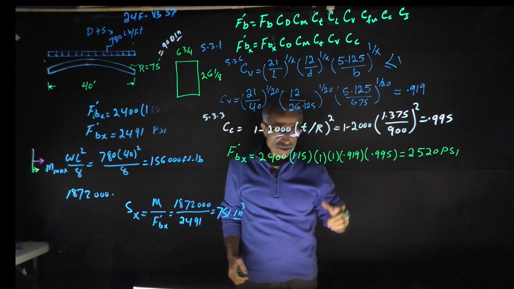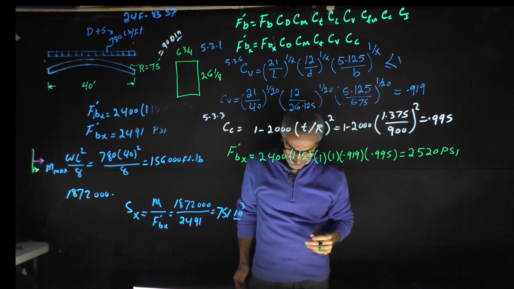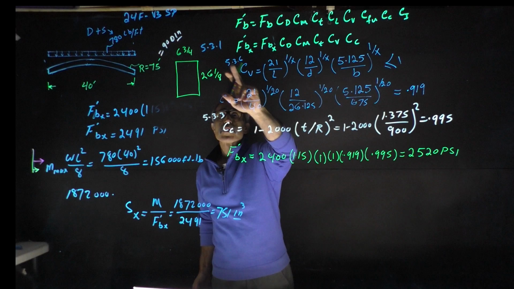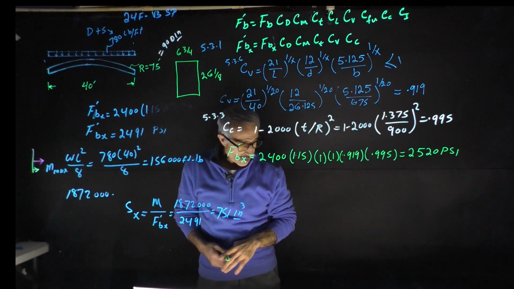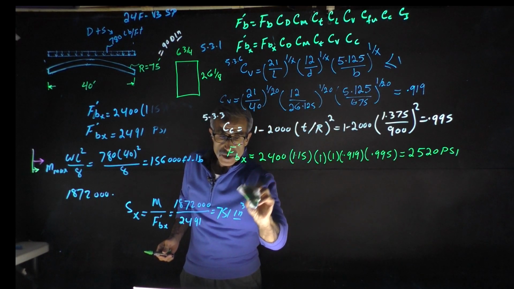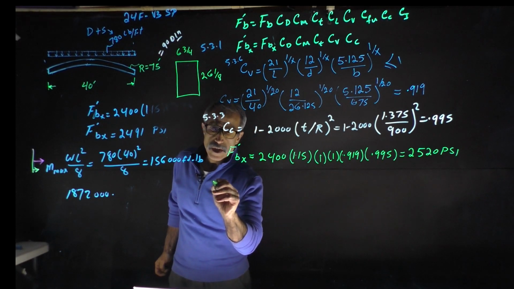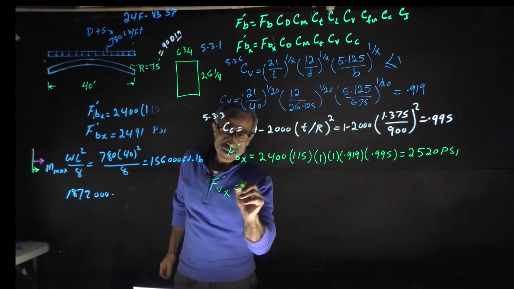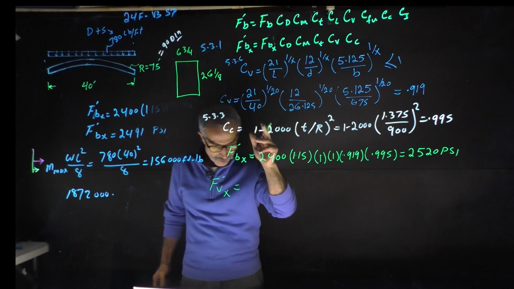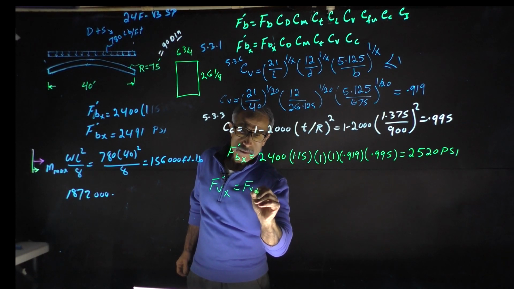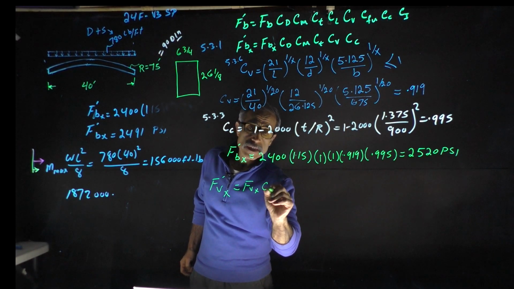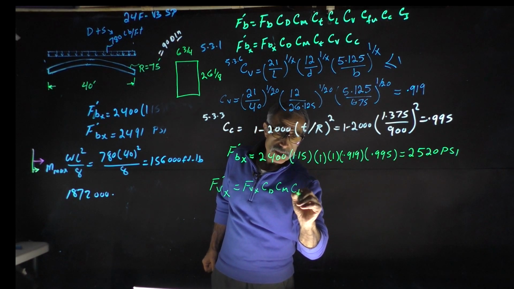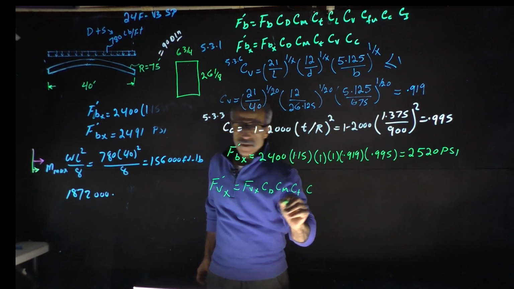So now we have got that. Let's find the other stresses, like the shear stress, and this is again from table 5.3.1. We look at that table, we can calculate all this stuff. So we're going to find the shear stress, which is F prime VX, and that's from the same table, F of VX multiplied by CD, CM, CT, and CVR.